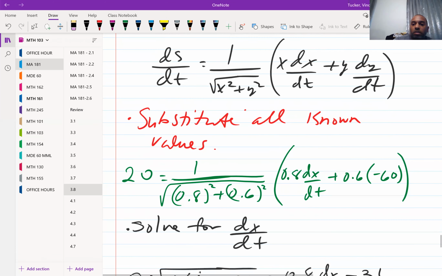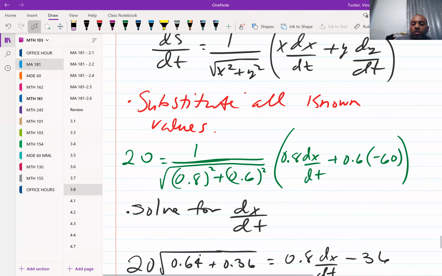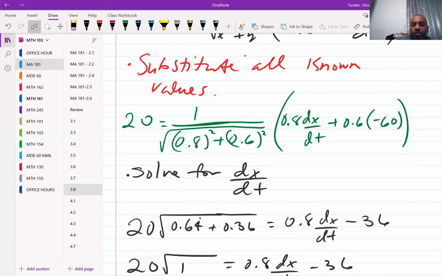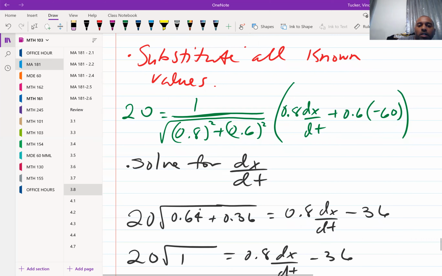All right. So let's go ahead and multiply the stuff out. I went ahead and multiplied this. 0.6 times negative 60 is 36. Went ahead and multiplied this to both sides to get it out of the denominator.